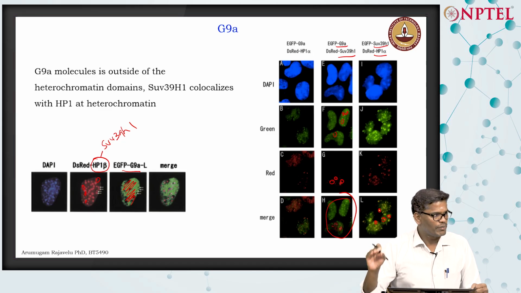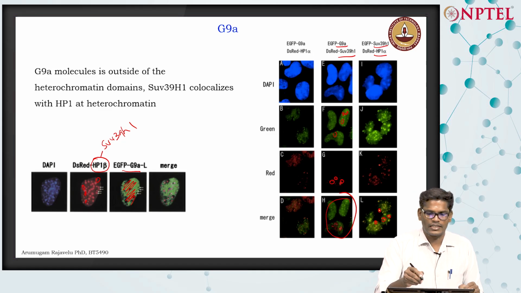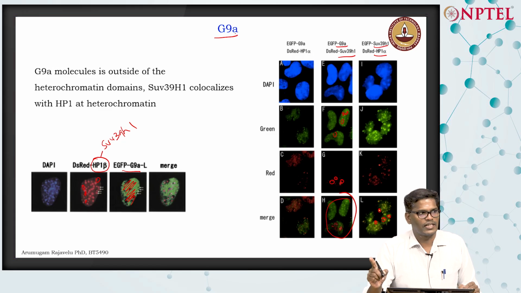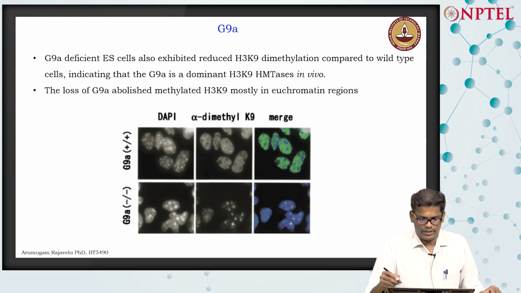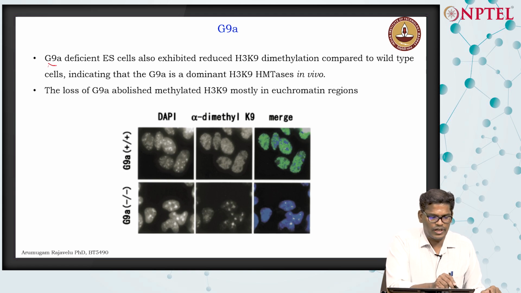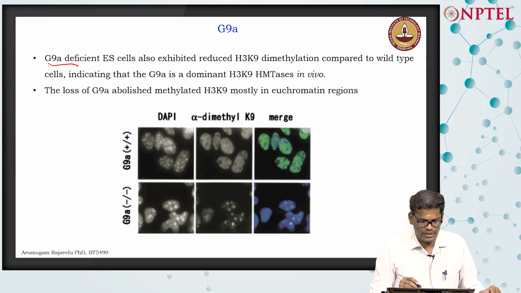So it connects very well. SUV39 is a trimethyltransferase for heterochromatic regions, and G9A is a dimethyltransferase for euchromatic regions. For euchromatic gene silencing it is G9A, for heterochromatic gene silencing it is SUV39H1. Yes, these are the confirmatory assays when they knocked out G9A in embryonic stem cells, and they could see this loss of protein. You can see here these diffused localizations, and here the loss of protein in this diffuse localization pattern.